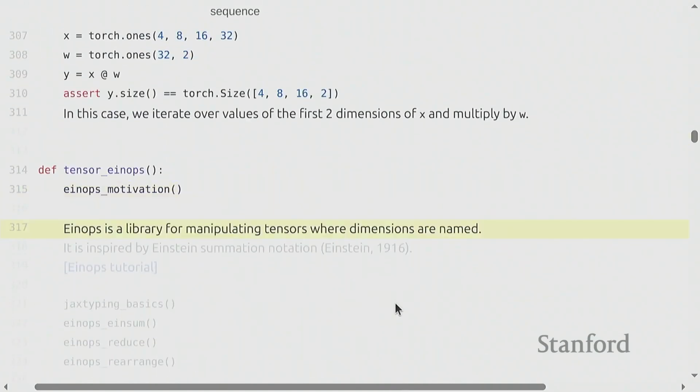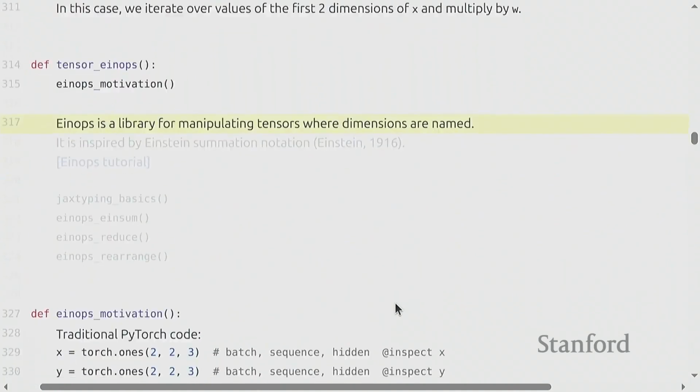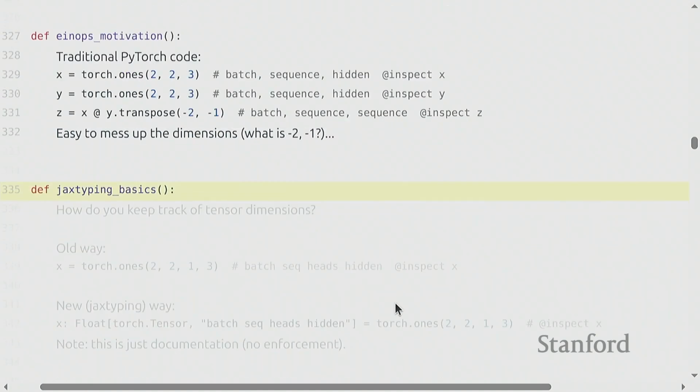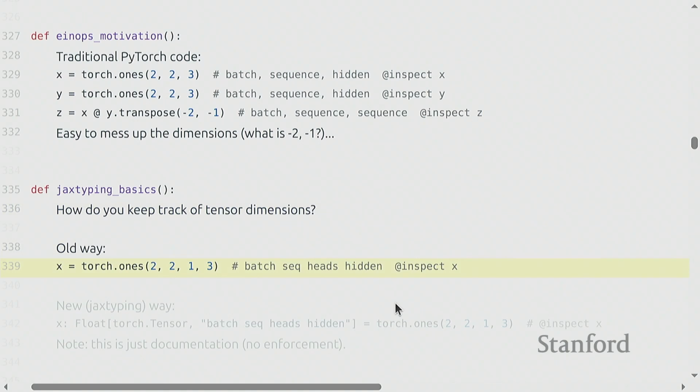So the solution is to use einops here. This is inspired by Einstein's summation notation. And the idea is that we're just going to name all the dimensions instead of relying on indices, essentially. There's a library called jaxtyping, which is helpful as a way to specify the dimensions in the types.